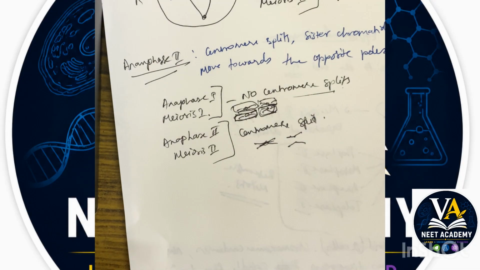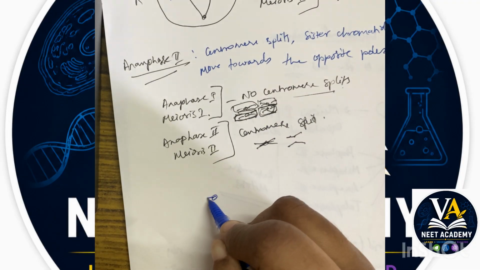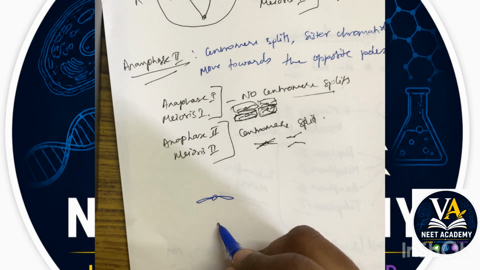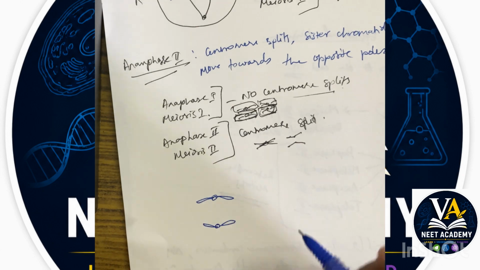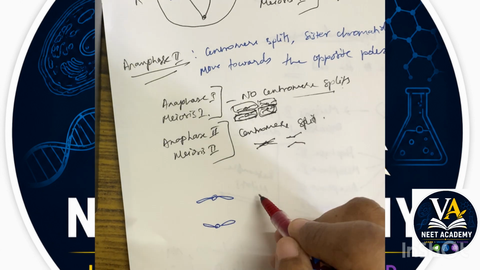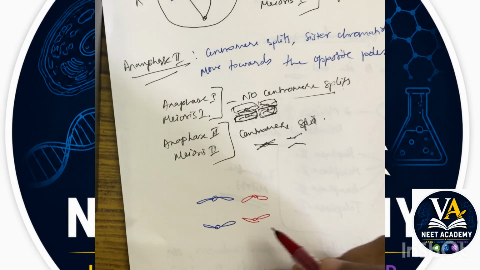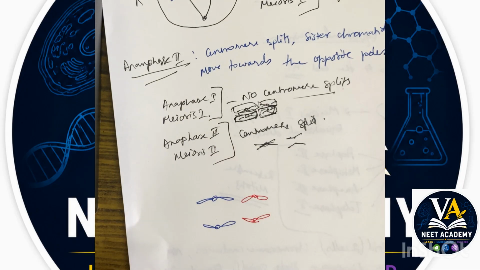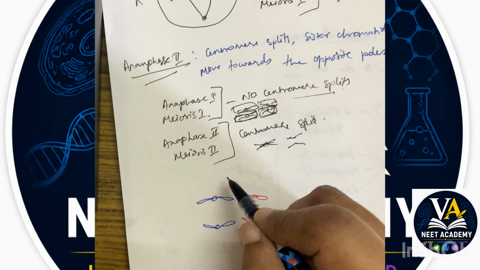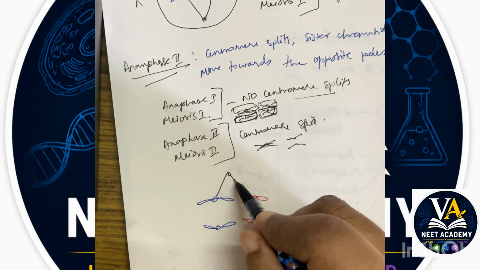Here you have one chromosome like this, with one sister chromatid and the other sister chromatid moving towards the other direction. So the chromosome with two sister chromatids is now separated because of the splitting of the centromere.